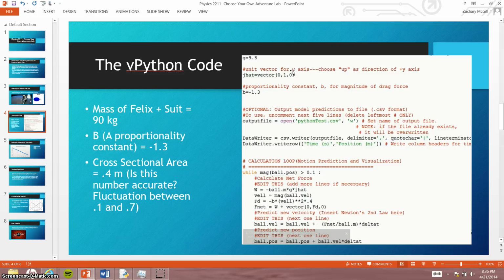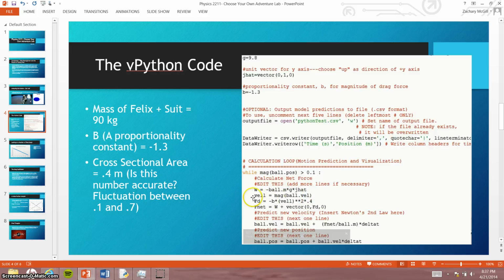So we'll go ahead and look over here at the code. It's going to look probably pretty similar to Lab 2 where we dropped a ball, because basically that's all Felix is, a ball, but we're dropping him much faster. Here you can see while the ball's position is greater than 1, basically until he hits the ground, we have a W, which is the force of gravity. We have a velocity, which we're constantly updating.